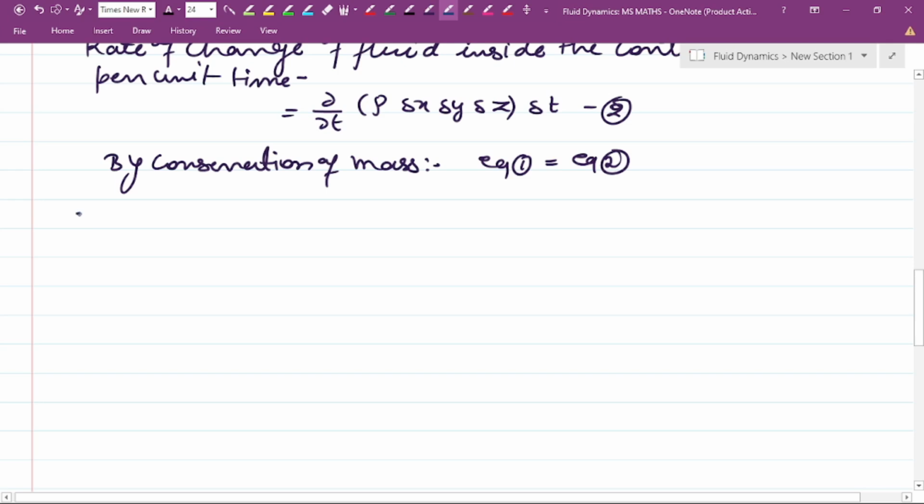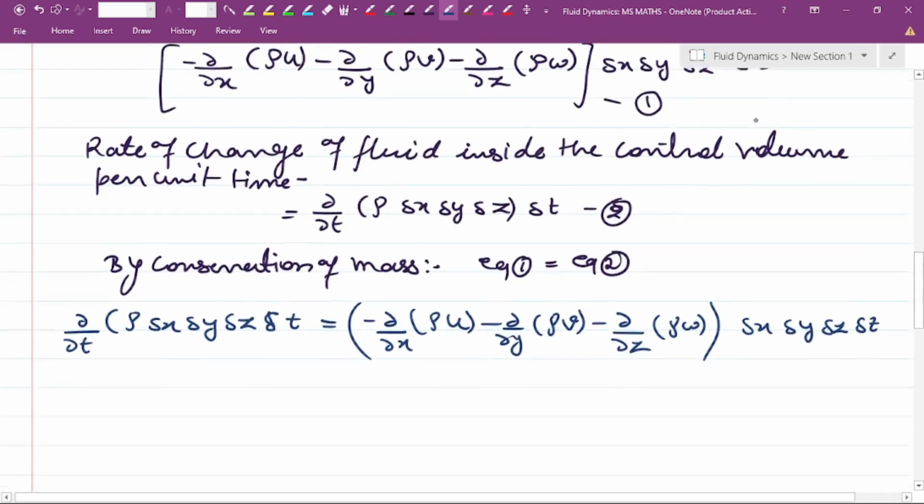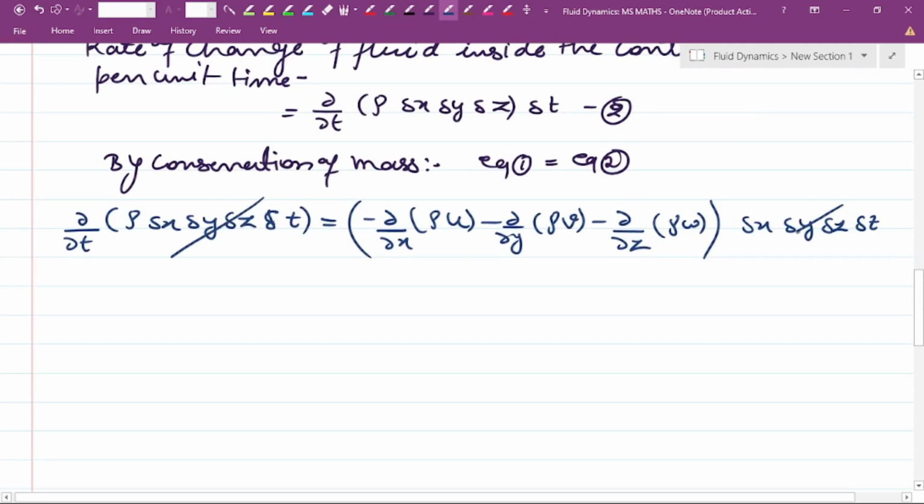So we will write that ∂/∂t of rho Δx Δy Δz and Δt will be equal to ∂/∂x of rho u minus ∂/∂y of rho v minus ∂/∂z of rho w, multiplied by Δx Δy Δz and Δt. Here there will also be Δt, so this will get cancelled.